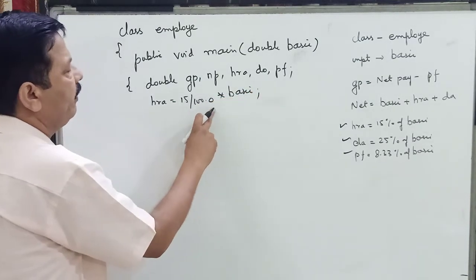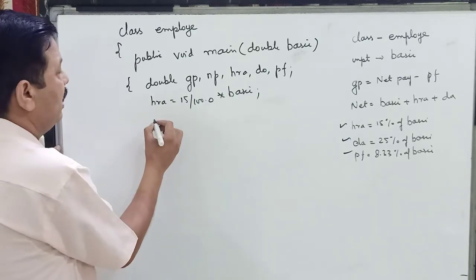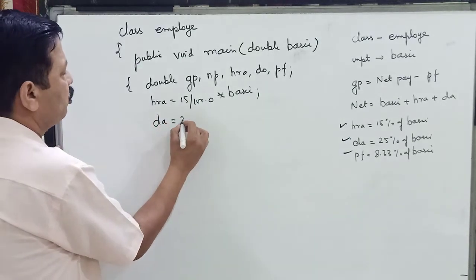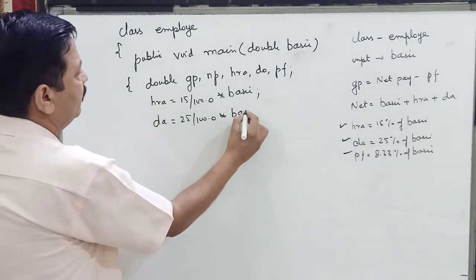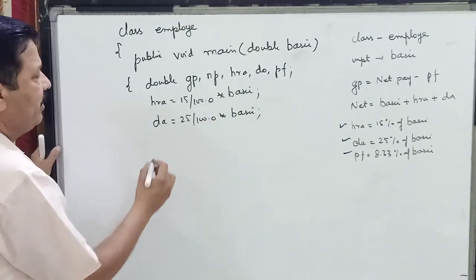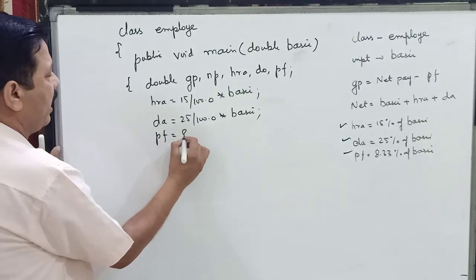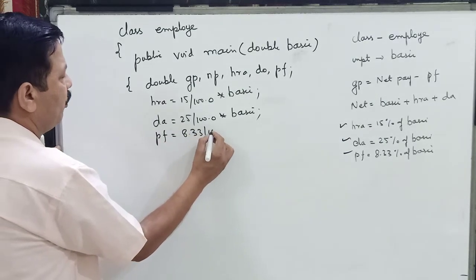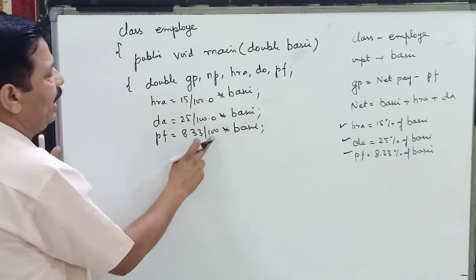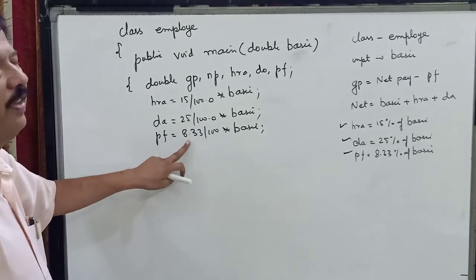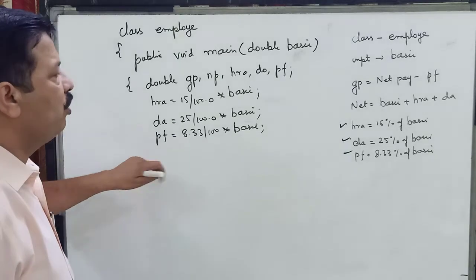I hope 15.0 you know why I have written over here. Then DA is 25% of basic. And children, PF is equal to 8.33 upon 100 of basic. Now children, over here I have not put 100.0 because this is double. Either of these values should be double.